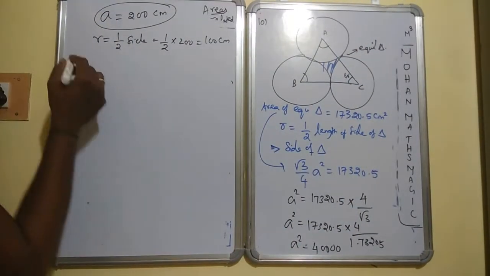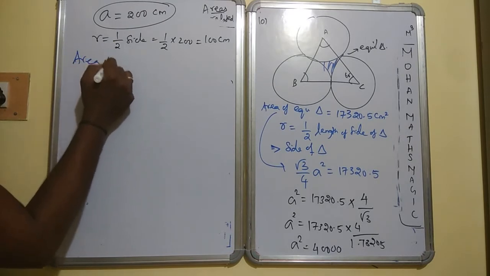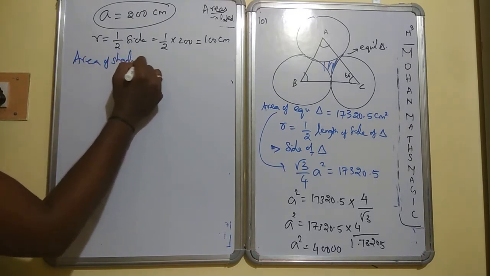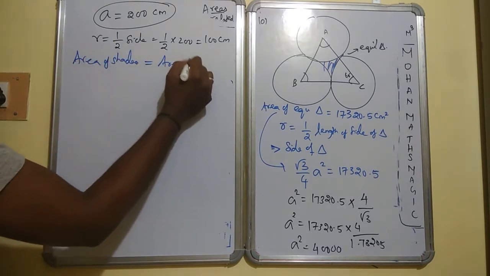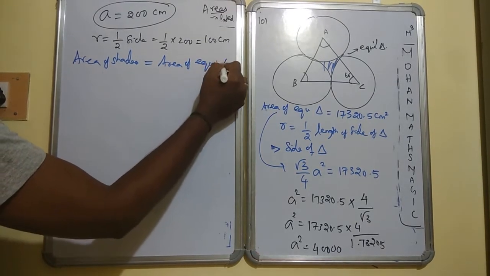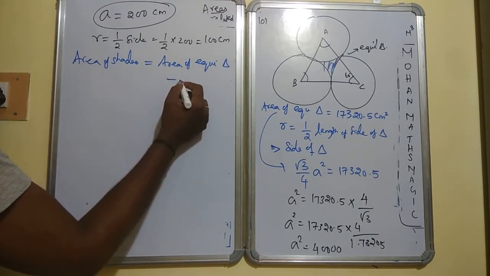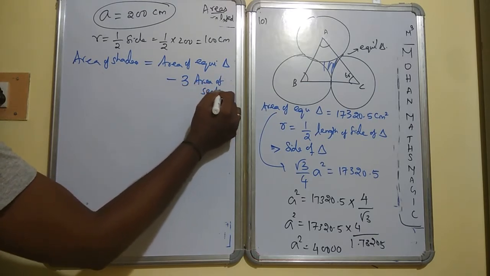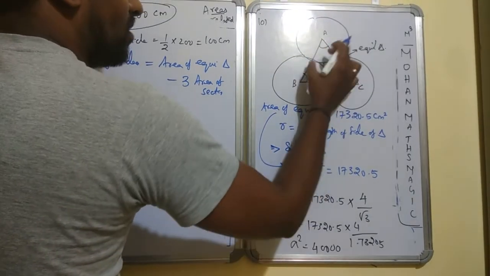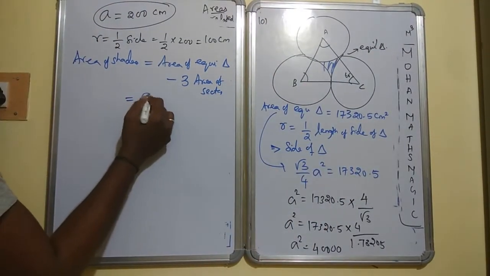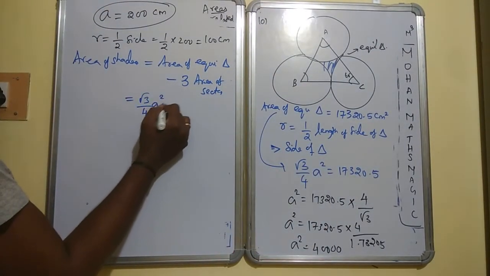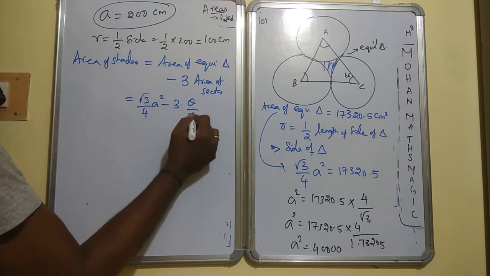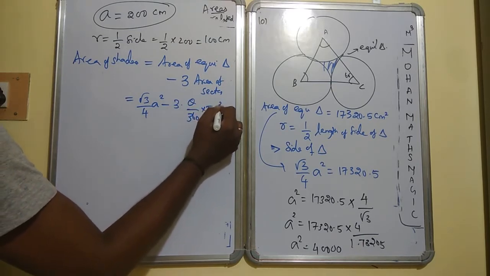The concept is: area of the shaded region equals area of the equilateral triangle minus 3 sectors. The equilateral triangle is root 3 by 4 a square, and each sector is theta by 360 into pi r square.